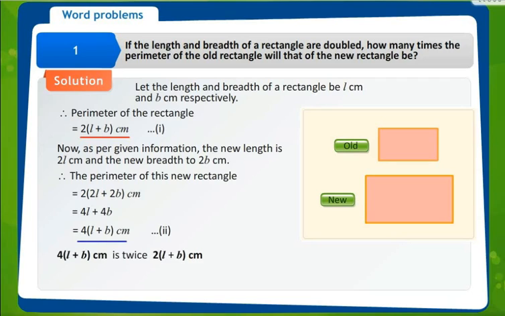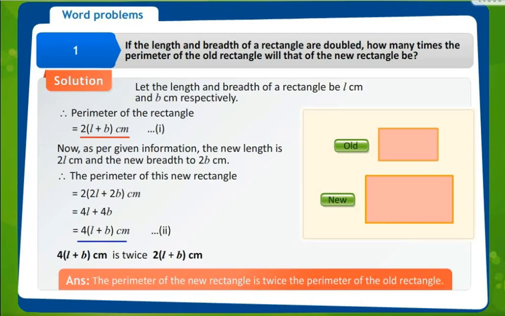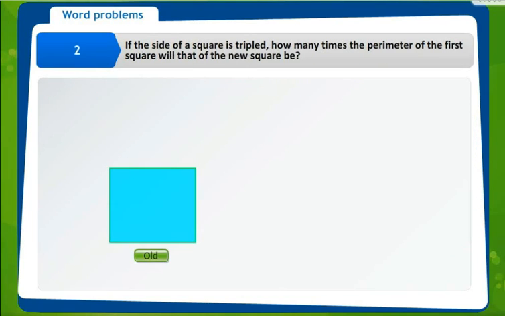Now you can see 4(L plus B) centimeter is 2 times that of 2(L plus B). So the perimeter of the new rectangle will be twice the perimeter of the old rectangle.